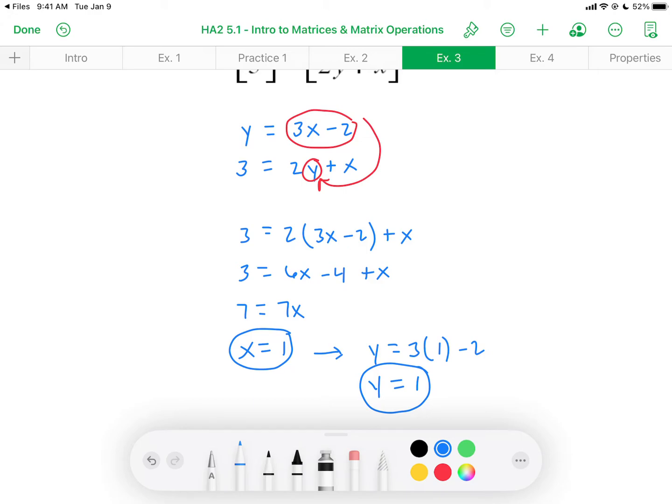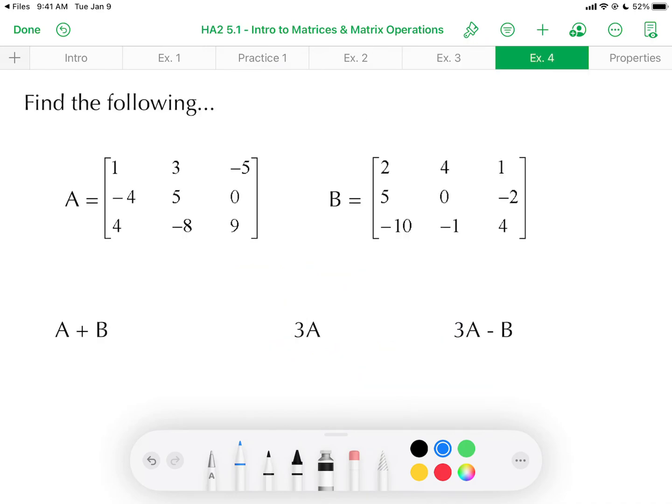Okay, so now let's perform some operations on matrices. Here I have matrix A and matrix B. What are the dimensions of matrix A? 3 by 3, right? And of matrix B?